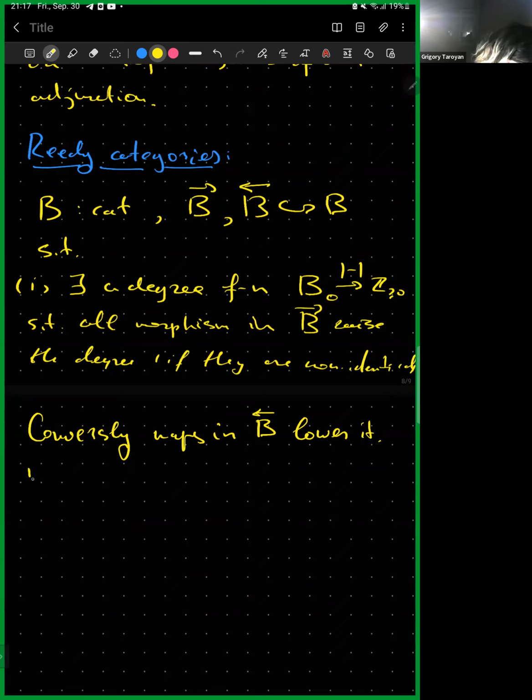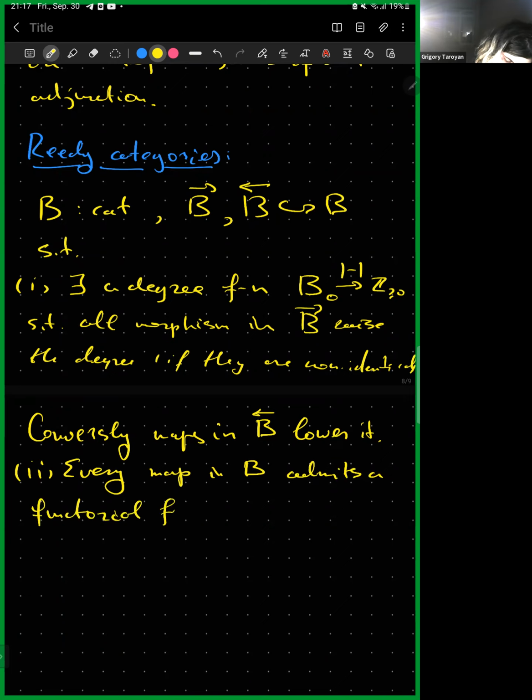Moreover, every map in B admits a factorization as a decreasing map followed by an increasing map.